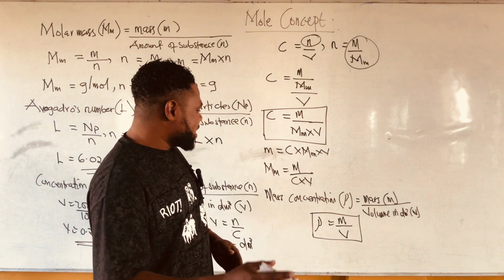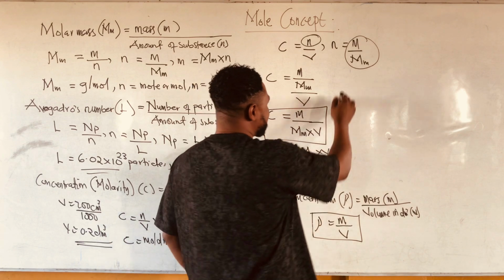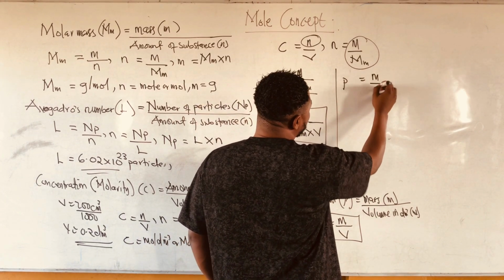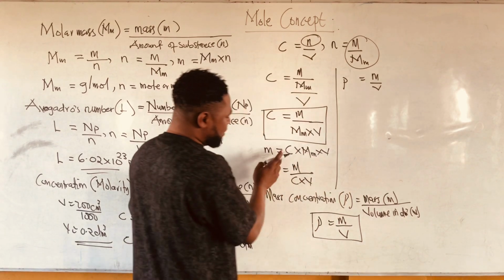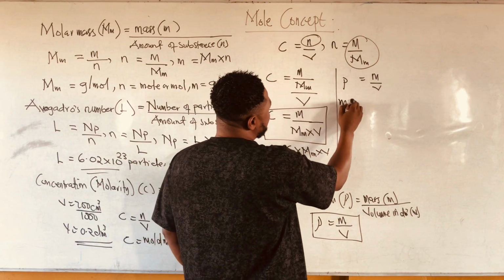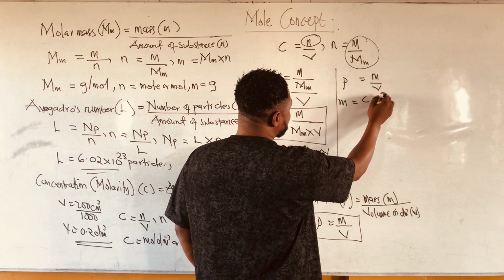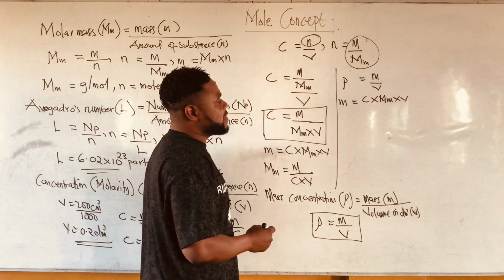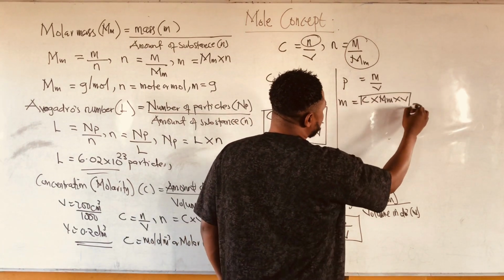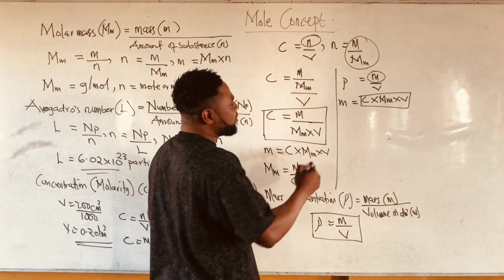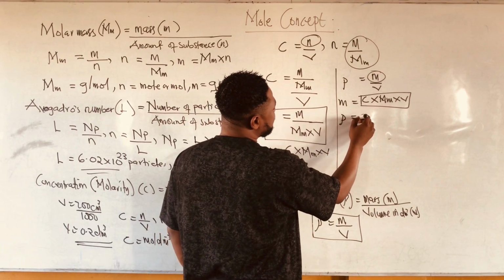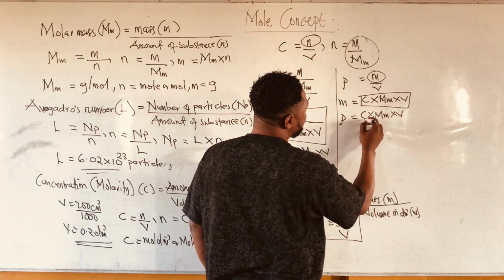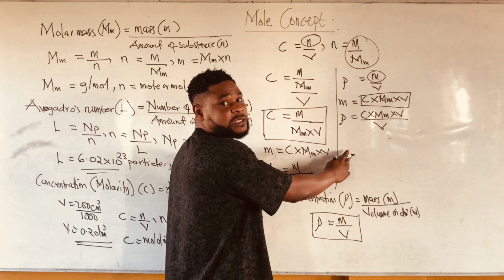Now, let us look at something here again. If mass concentration is equal to mass over volume, and from this formula the mass of a substance is equal to concentration times molar mass times volume, when we use this to replace our m, we are going to have mass concentration equal to concentration times molar mass times volume, all over volume.